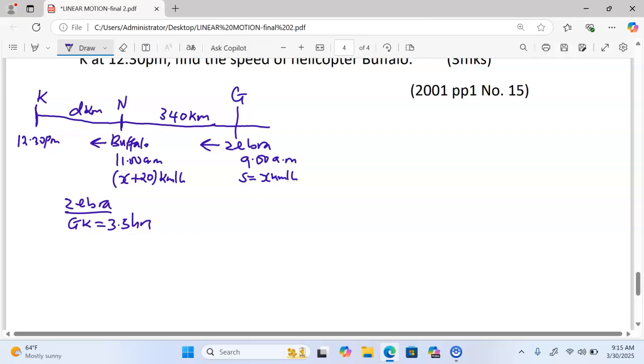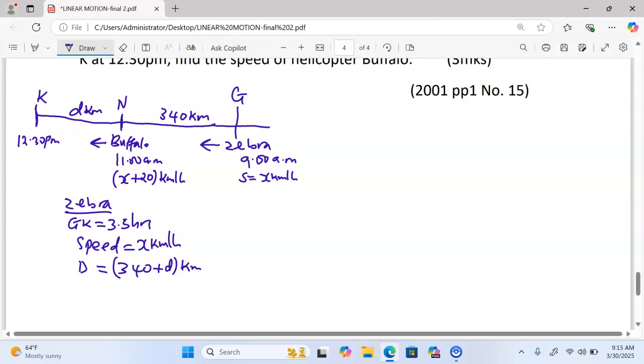We also have the speed of Zebra, which is X kilometers per hour. We also have the distance, and the distance of Zebra all the way from G to K will be 340 plus D kilometers.